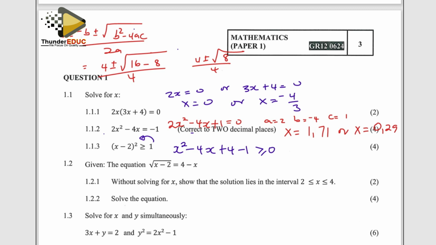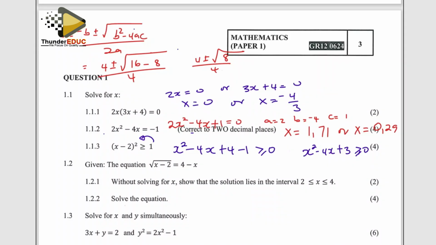Then what I can do, just simplify that. It's x squared minus 4x plus a 3 is greater or equal to 0. Is that okay? Is that true?